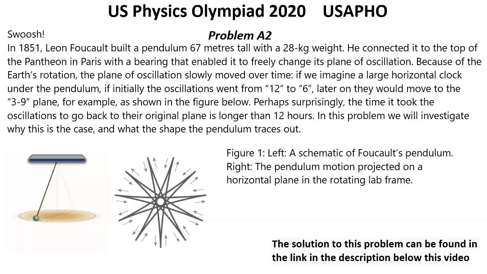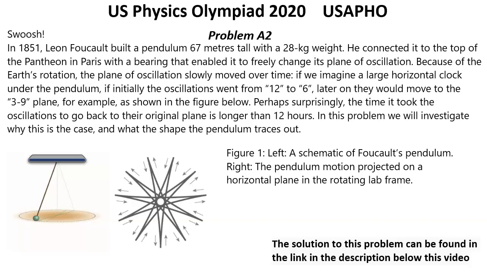If we imagine a large horizontal clock under the pendulum, if initially the oscillation went from 12 to 6, later on it would move to the 3-9 plane, for example, as shown in the figure below. Perhaps surprisingly, the time it took the oscillation to go back to the original plane is longer than 12 hours.